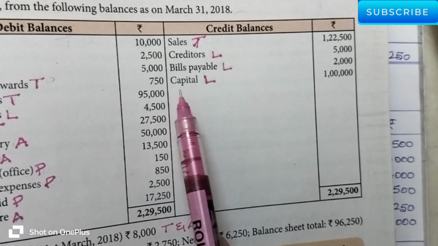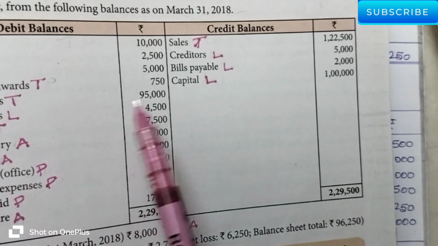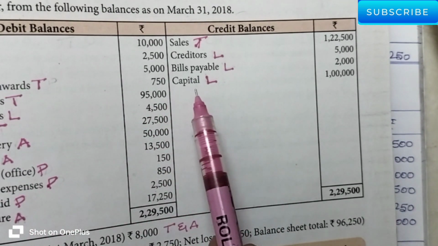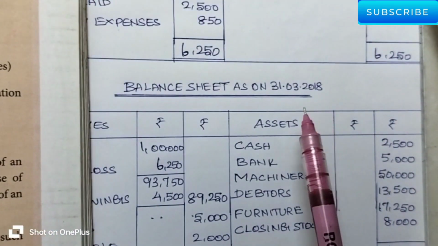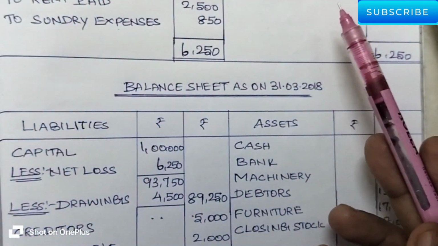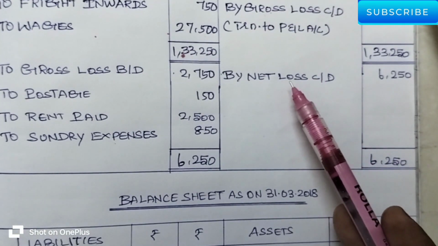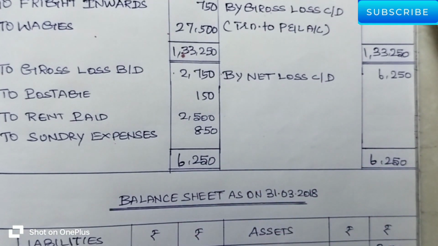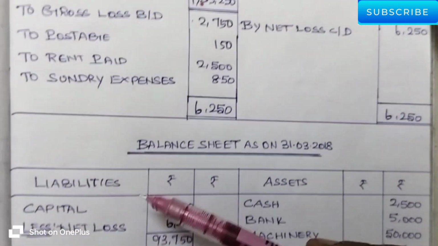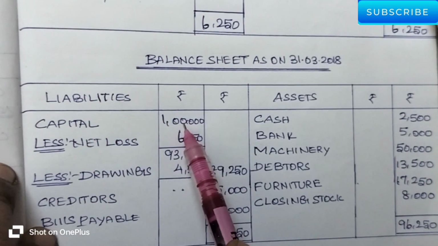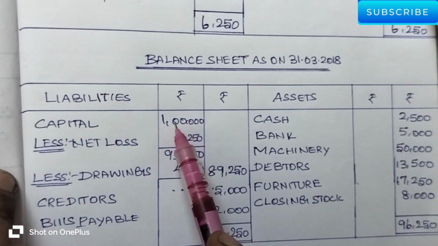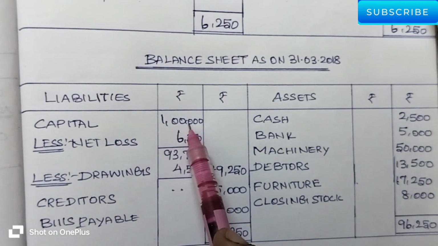We need some adjustment to the capital, because you have a net loss from the profit and loss account. So you have to transfer that net loss into the capital account. So you have to enter the capital account's amount in the inner amount column. How much? 1 lakh rupees entered.